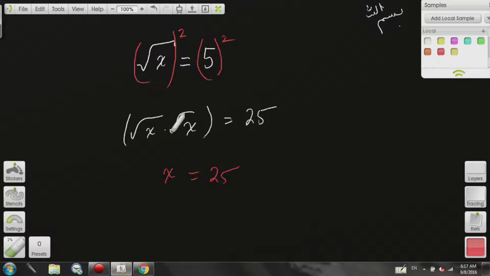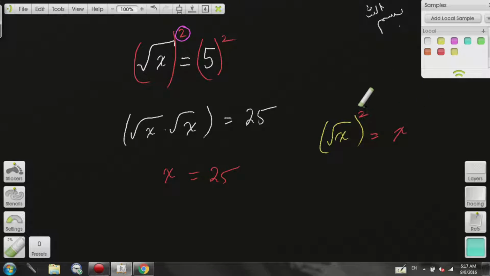Okay? The reason for this is, of course, square root of x times square root of x is equal to square root of x squared, right? Because you can bring them under the same umbrella from the rules that we had just reviewed. And square root of x squared is x. In other words, a convenient way of getting rid of this radical symbol is by squaring the quantity. Okay, so the square root of x, squared, is x.